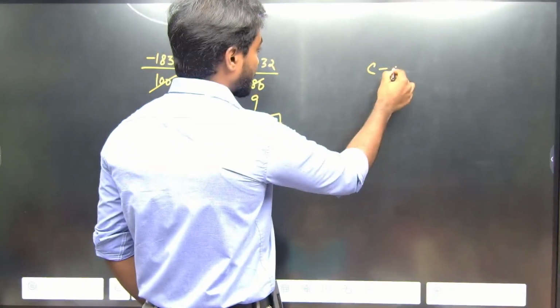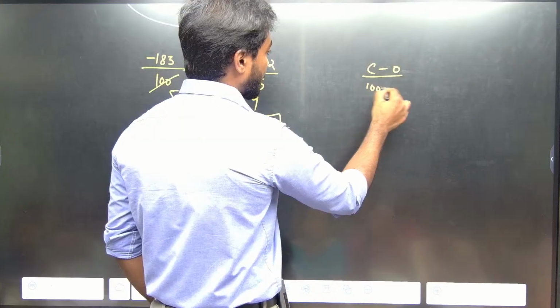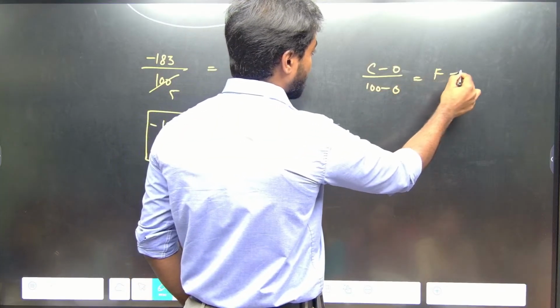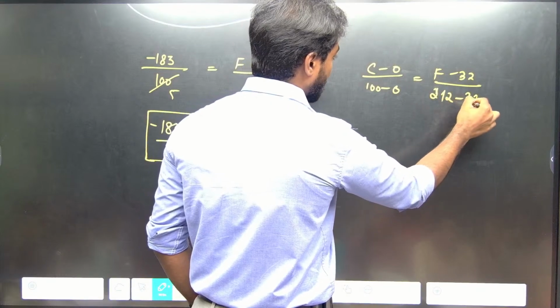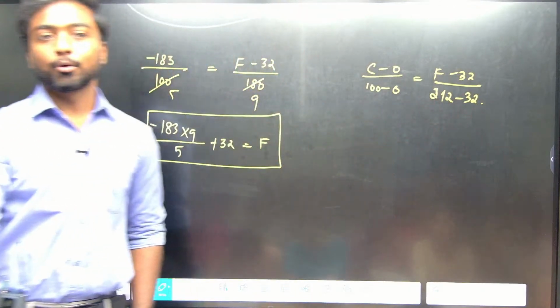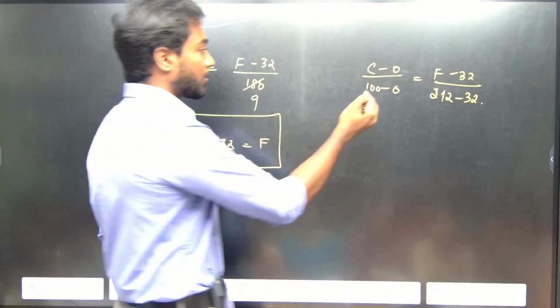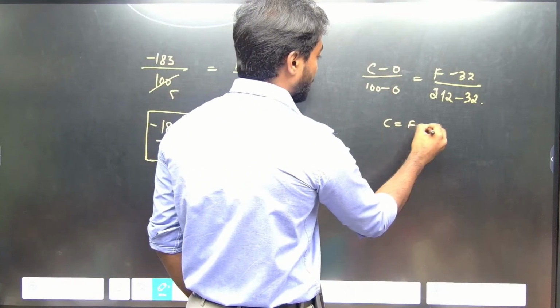Equation is c minus 0 by 100 minus 0 should be equals to f minus 32 by 212 minus 32. I told that both are equal, no? So either consider, I'll take c is equals to f is equals to x.